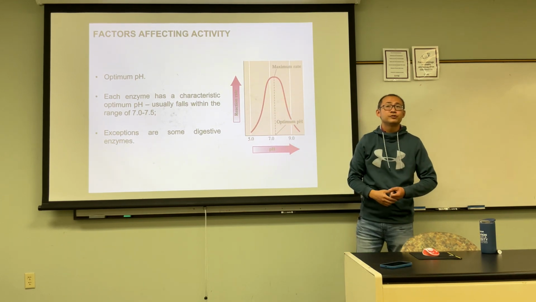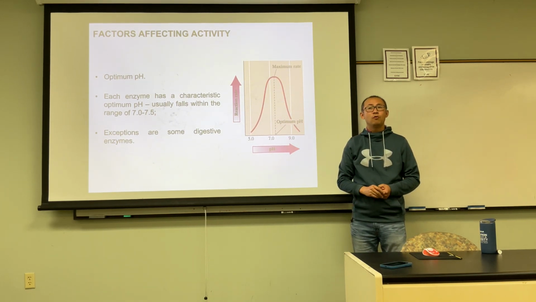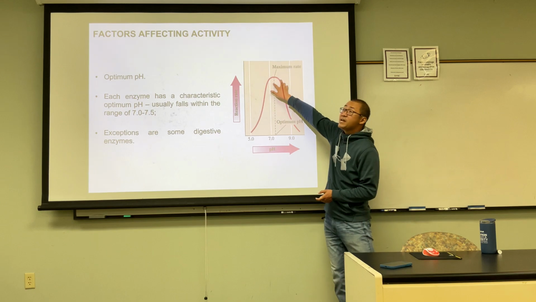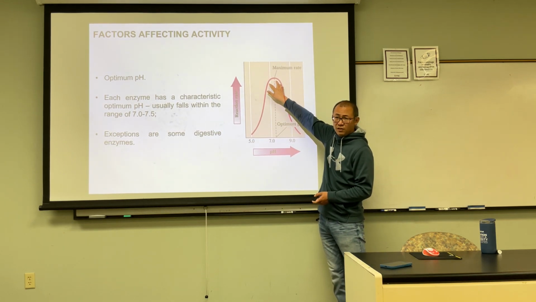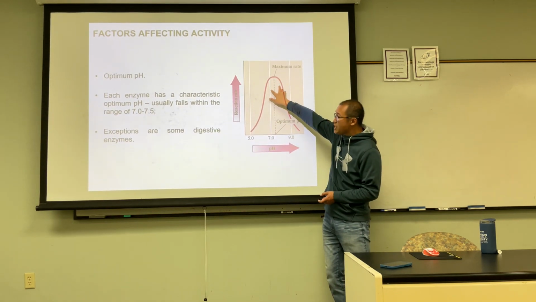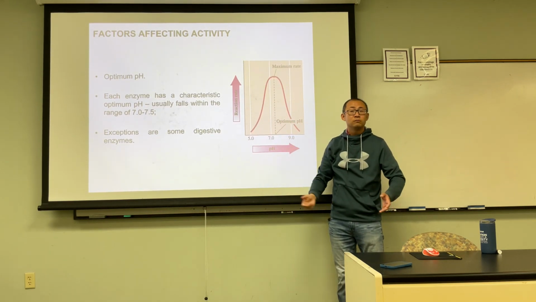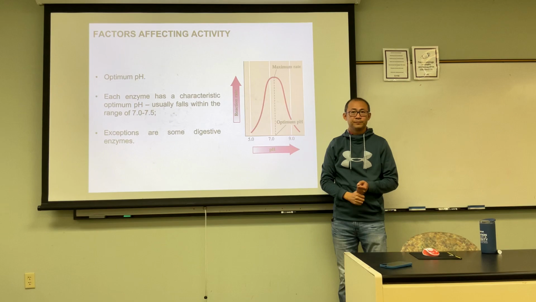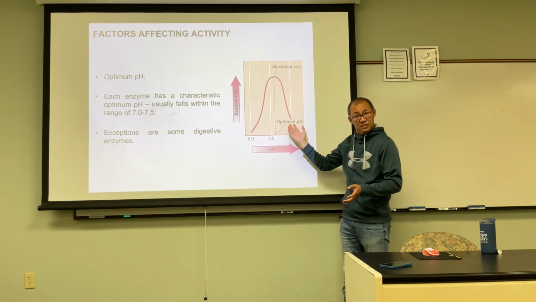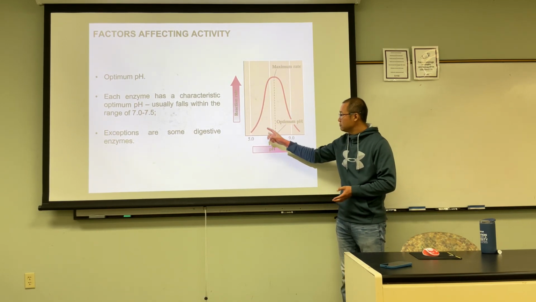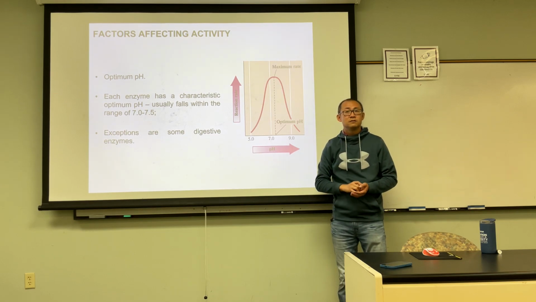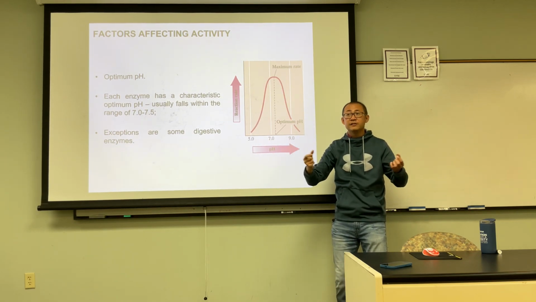Also similar to optimal temperature, the activity of the enzyme is going to decrease as you deviate from the optimal pH. Okay, the chart you can see is similar, but the difference is at extreme pHs.